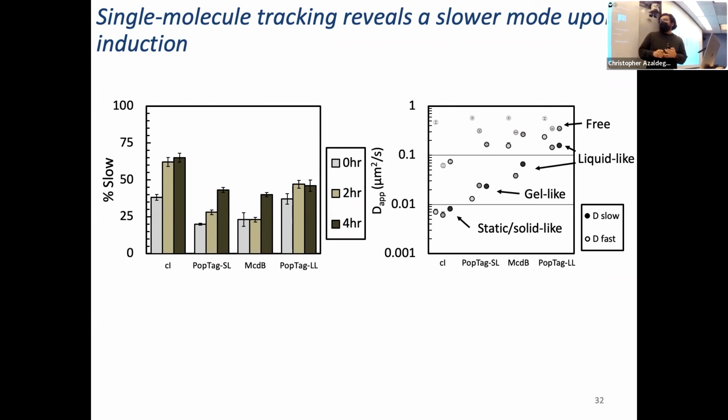Because they are so near what we would consider really diffusive, I'm trying to keep it simple in terms of material state: liquid, and then something that's static because it's below our resolution, I would consider solid. Anything in between would fall under the spectrum, so I'm arbitrarily calling it gel-like, but of course there are many different things that need to be considered when actually assigning the material states of the protein. And it's a continuum. Yeah, exactly.